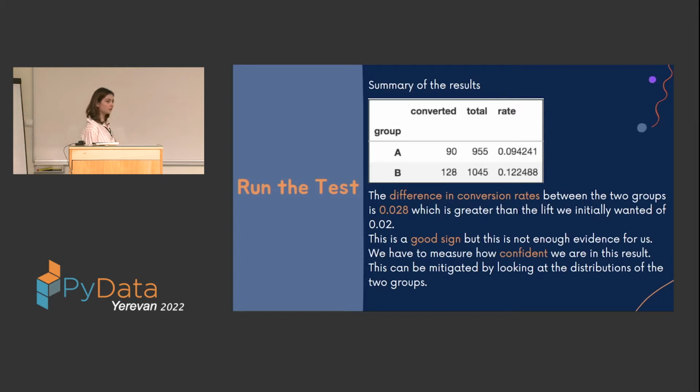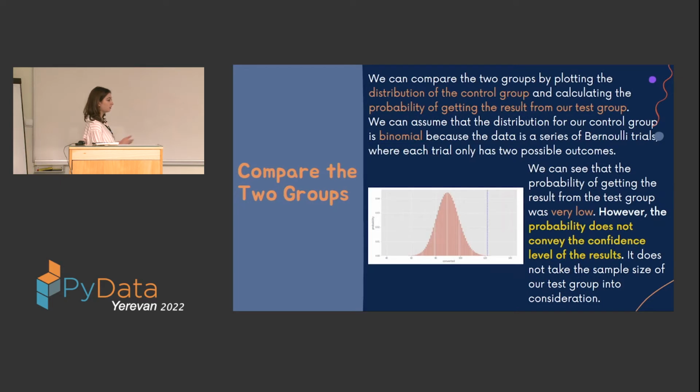But is it enough to say that our second variant is good enough? Actually, no, because we don't have any confidence in our statement. If I got another 1,000 users, maybe this ratio could change, and we couldn't even know what to conclude from this experiment. That's why we go to the stats.